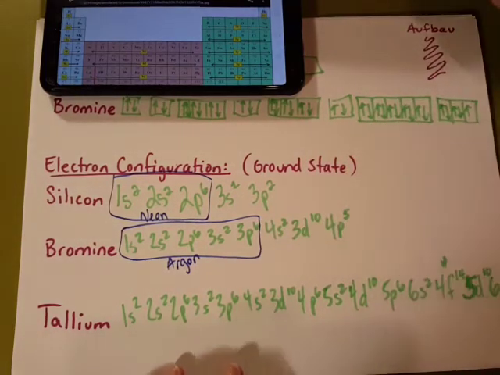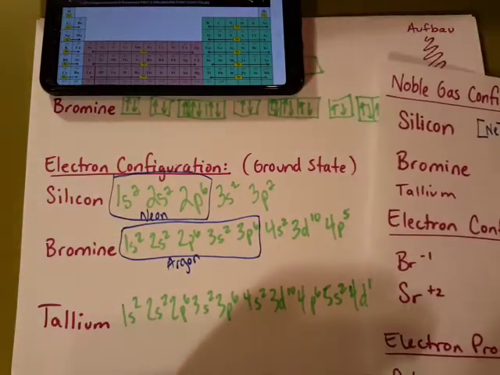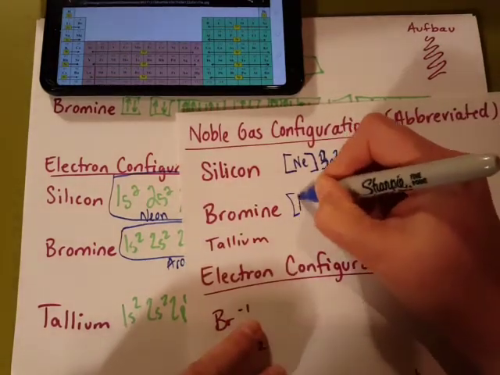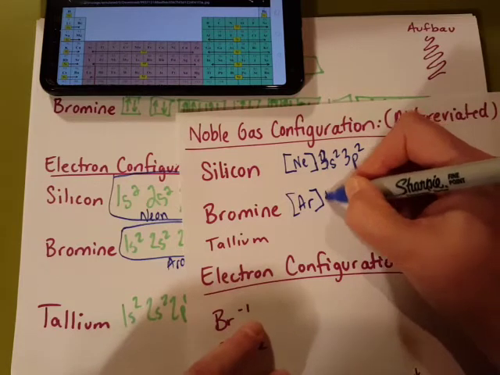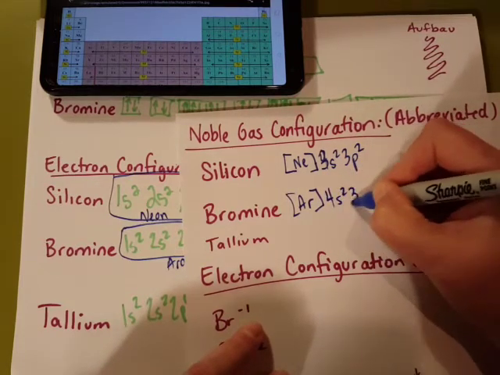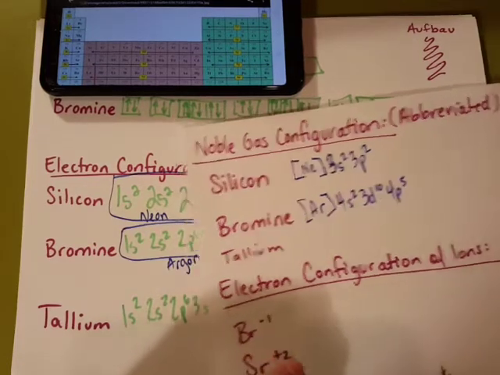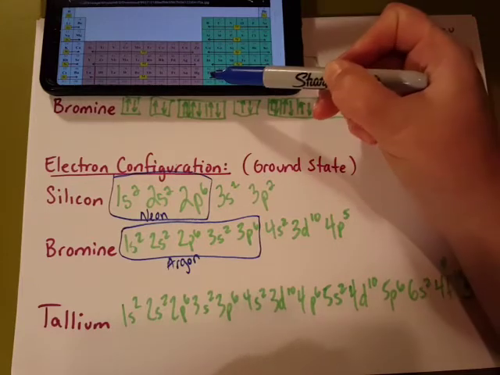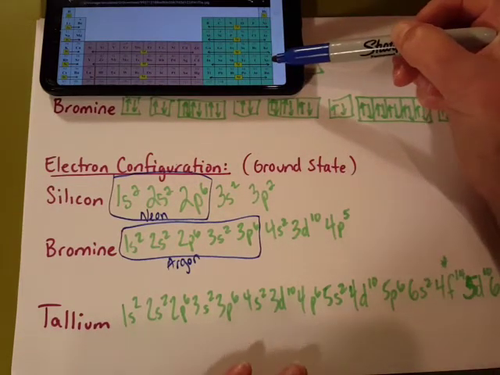So these guys all become part of my noble gas configuration. Square brackets for argon, then it's 4s2, 3d10, 4p5. And thallium, down here with 81, if we go back, should look like xenon.